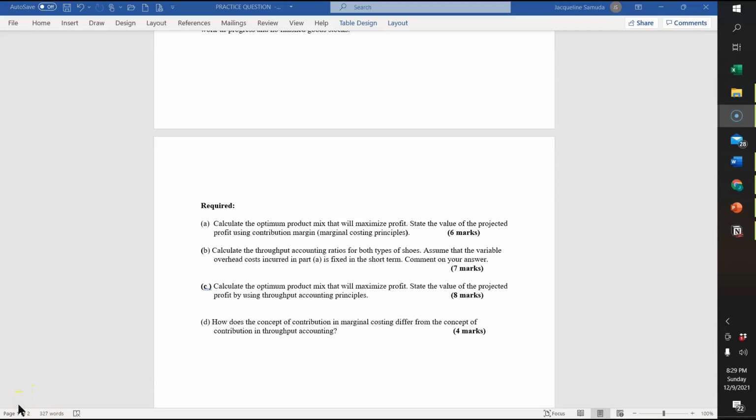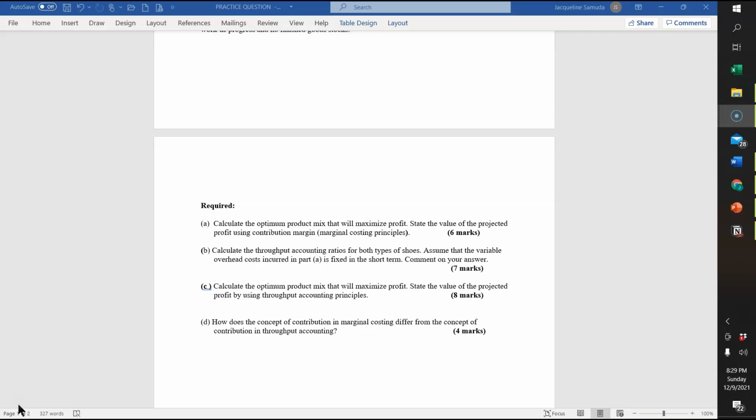So I'm going to be making reference to the slides that we looked at earlier, which highlighted the different principles. And I'm going to use DSW to illustrate the points from each slide. So let us go back to the first slide that is asking what is throughput accounting.